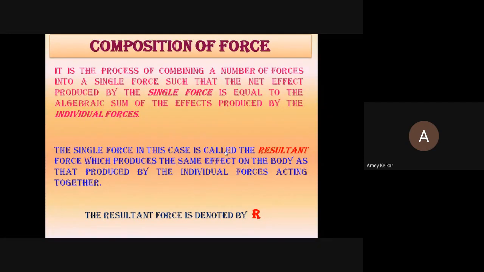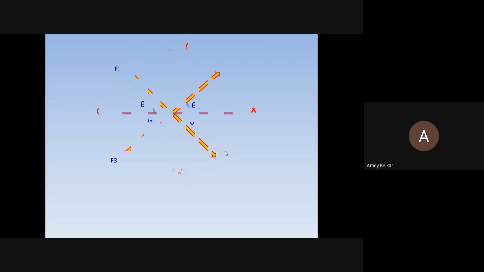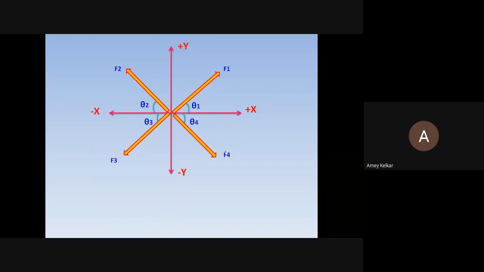For this, we'll take an example, and this is the core part up to module 3. Again, I am repeating. Here I have taken an example wherein x and y axes are marked, so you know positive and negative x axis, positive and negative y axis.